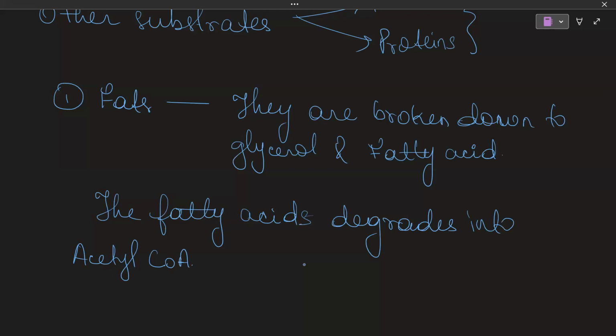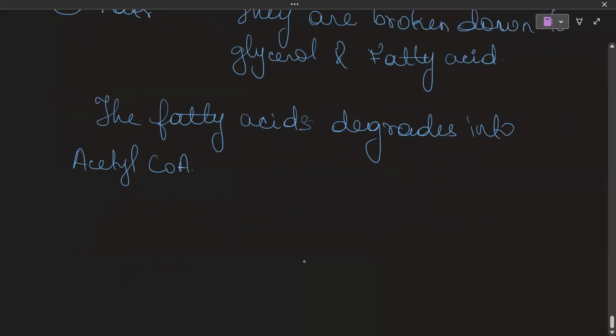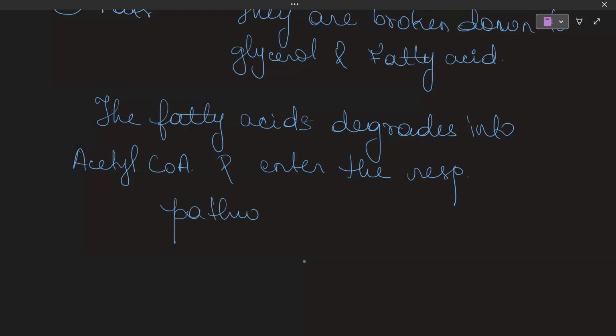Which kind? Aerobic respiration. So ultimately it is undergoing respiration, right? So fatty acids get degraded into acetyl coenzyme A and then enter the respiration pathway. This much is clear? So when the fats are converted into acetyl coenzyme A, only then can they enter the respiratory pathway.